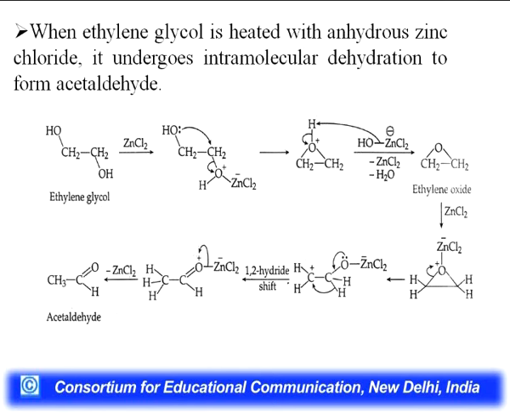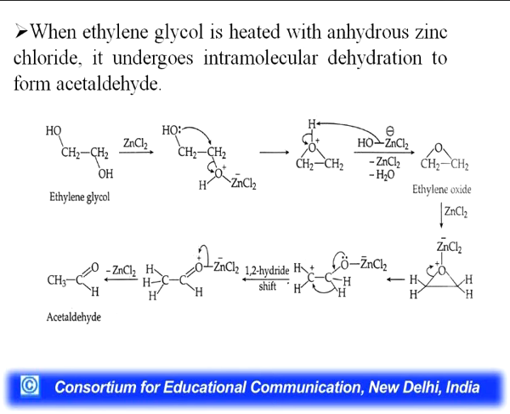Again, we are taking here the anti-form of ethylene glycol. You can see what happens here when it reacts with zinc chloride. It will give you an addition product, because oxygen is an electronegative atom, so it will attach to the zinc. So, positive charge will be acquired by oxygen. Now, it becomes electrophilic in nature. So, what happens when it becomes electrophilic in nature?